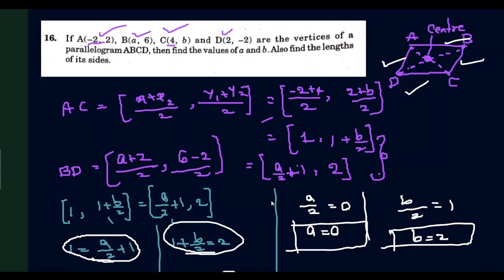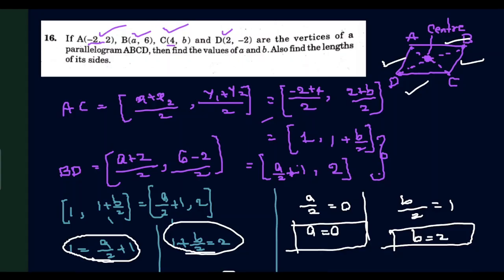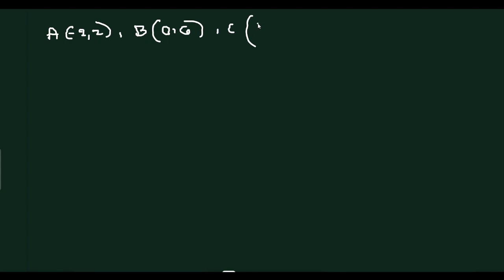B is A comma 6, but A is 0, right? So 0 comma 6. And C is 4 comma B, but B is 2. So 4 comma 2. And D is 2 comma minus 2.